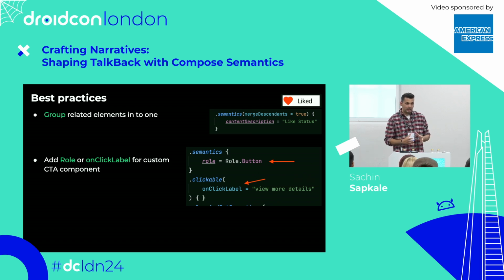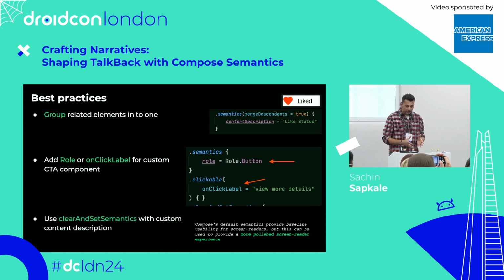And also, please add some click labels so that the user of TalkBack is going to understand what will happen if I click on this. The last one would be clear and set semantics. This is something suggested in the documentation as well, that you can use this property to give the user a more polished TalkBack experience.